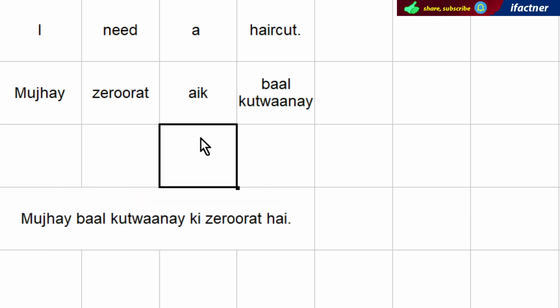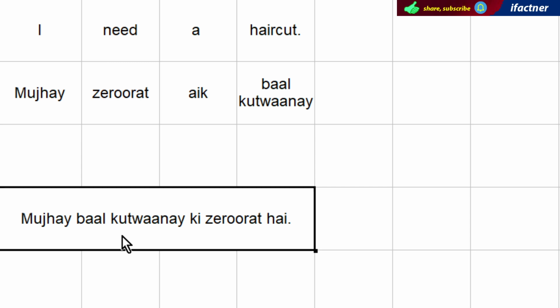I need to get my hair cut. So here it means I, बाल is hair, कटवाने cut, की means of, ज़रूरत need, है is. I need a haircut. मुझे बाल कटवाने की ज़रूरत है.